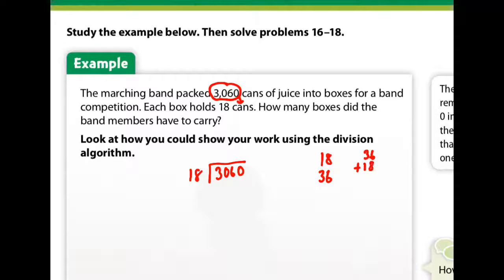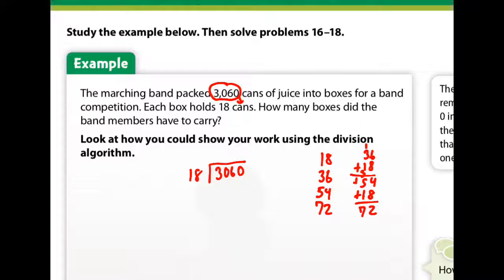I'll do 36 plus 18, that's 54. And I'll add one more on, plus 18. Ooh, wait, I messed up there, sorry about that. Okay, 4 plus 8 is 12, carry the 1, so that's 72.